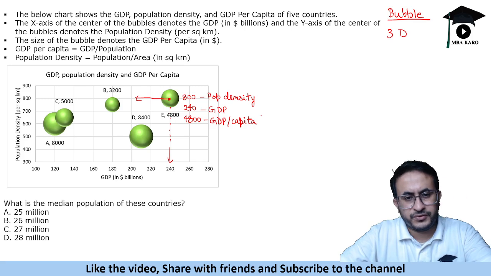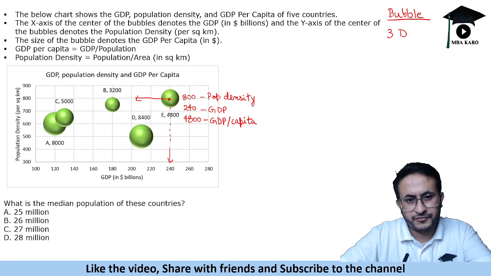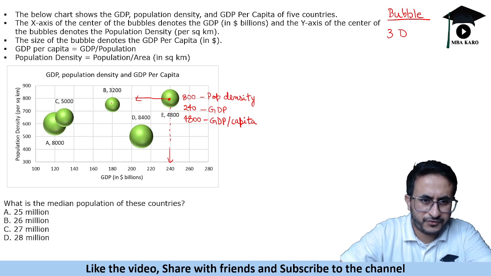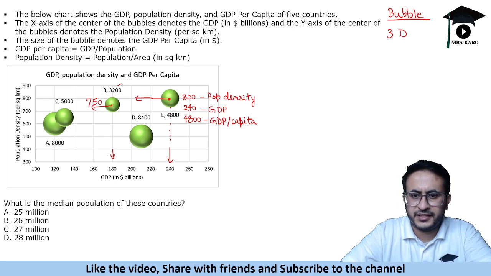Okay, now these are the three data points which are given for 5 countries. So you can similarly calculate for others also. Like for example, this is 3200 is GDP per capita, this value is 180 and this value is between 700 and 800, that is 750. Okay, so that's how we read the values.